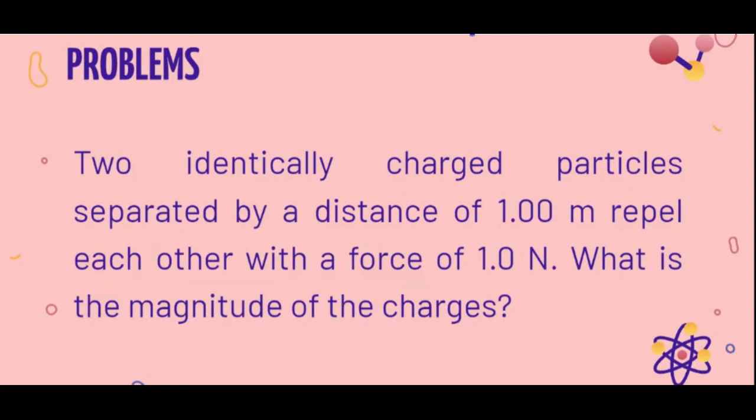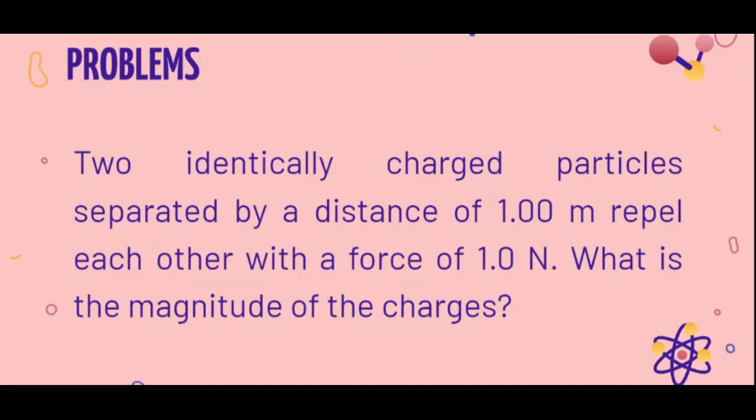Now, it's time to put the equation to the test. There are two identically charged particles, separated by a distance of 1 meter. These charges repel one another with a force of 1 Newton. What is the magnitude of the charge?